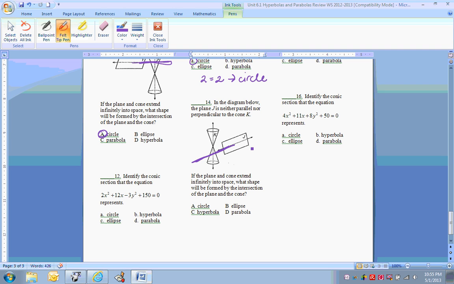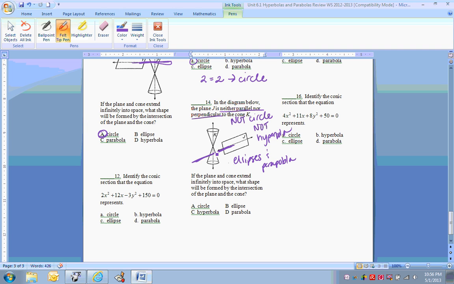And since I know it's neither parallel nor perpendicular, that means it's not a circle or a hyperbola, because if it's perpendicular, it'd be a circle, and if it was parallel, it'd be a hyperbola. So the only things left are ellipse and parabola.